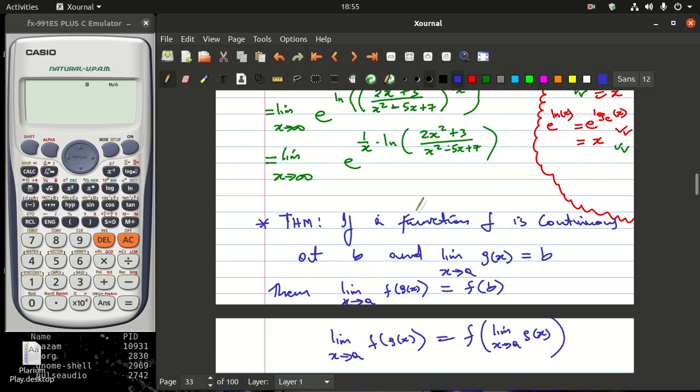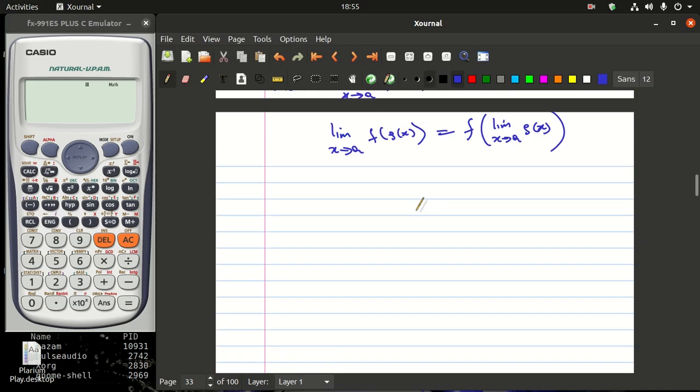continuous. So if we look into this exponential function here, the function f of x is equal to e to the power x. We know that this function here, its domain is just x is an element of real numbers. In other words, this function is continuous everywhere because it is defined everywhere and you can plot it throughout.